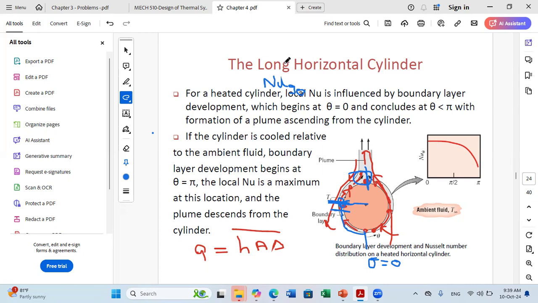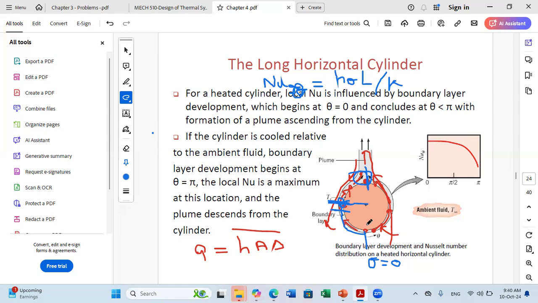You can find this experimentally. Experimentally, you can determine the Nusselt number at different locations, at different angles. And since the Nusselt number is by definition related to H, the convective coefficient at a certain angle theta, Nusselt at theta is equal to H at theta times the characteristic length of my geometry, L, over K, the conductivity of my material.